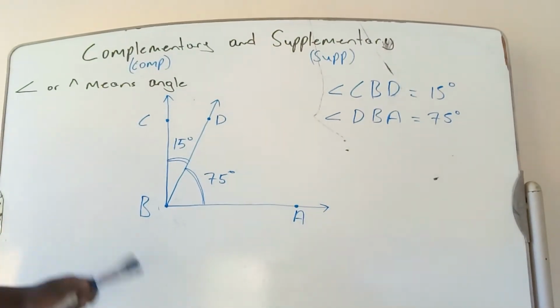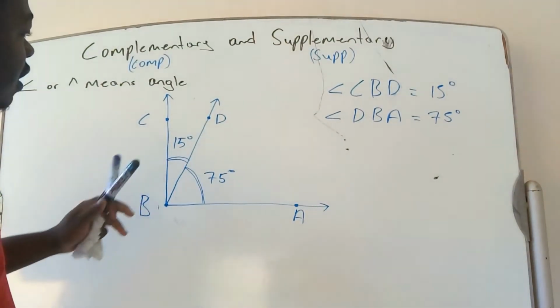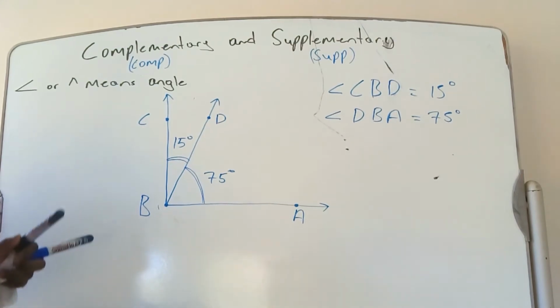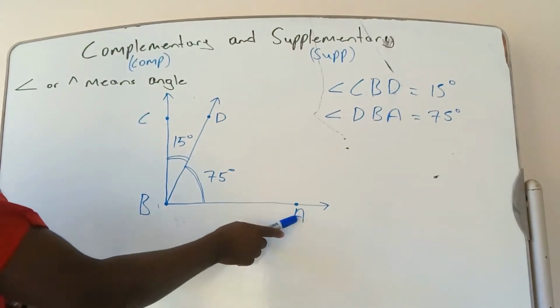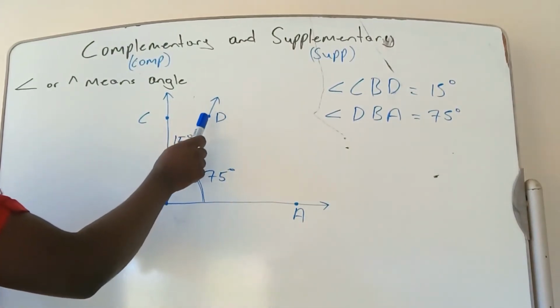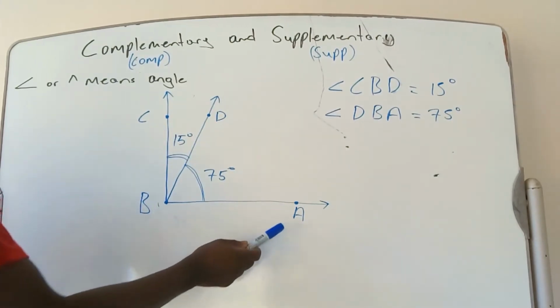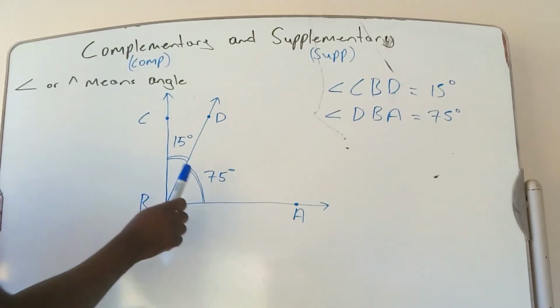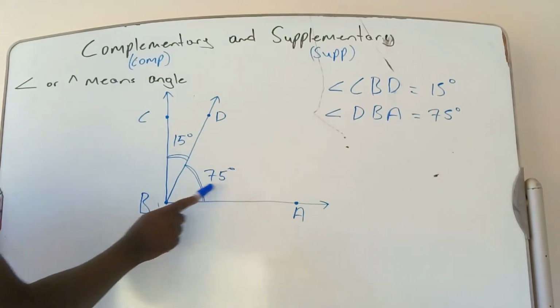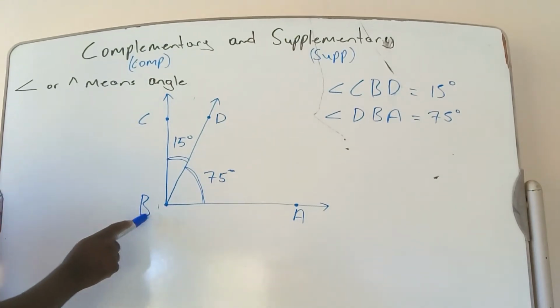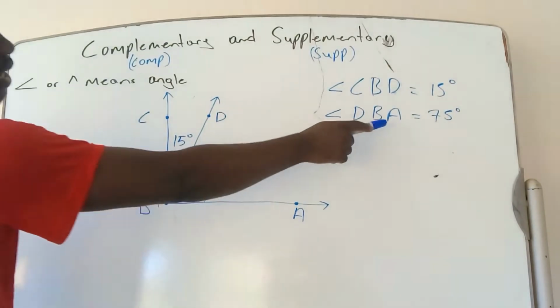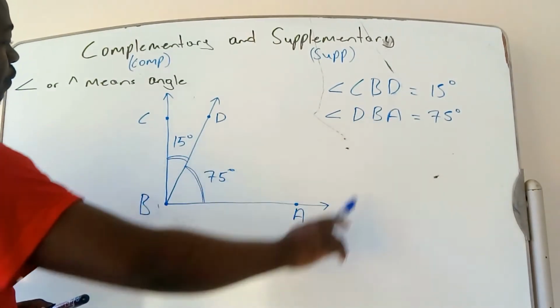Now note, when you're naming an angle, the direction is not important, it doesn't matter. If I say angle ABD or DBA, it is the same angle. That angle still measures 75 degrees. Once the vertex of the angle is in the middle, then you are okay.